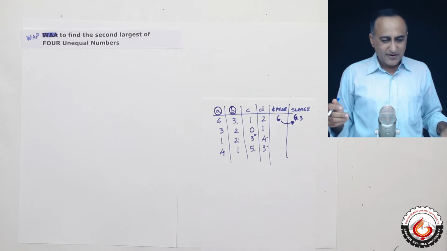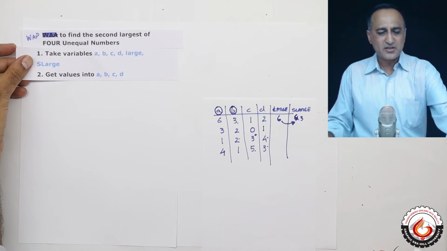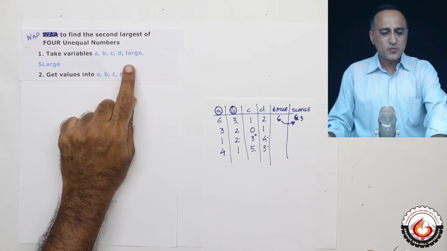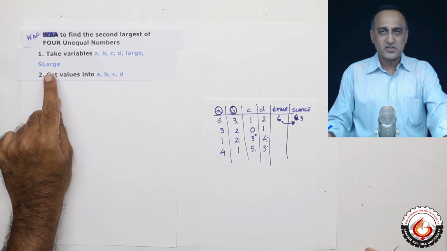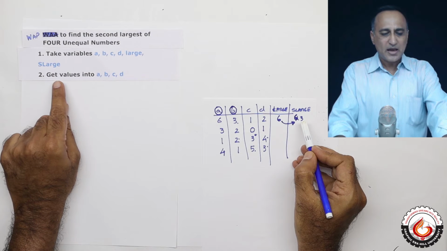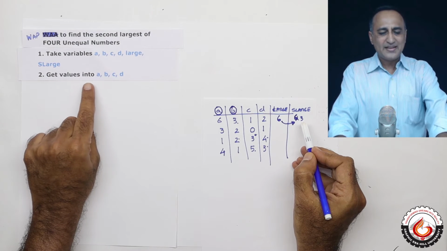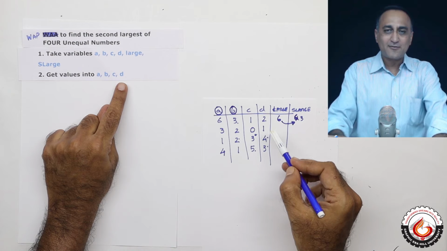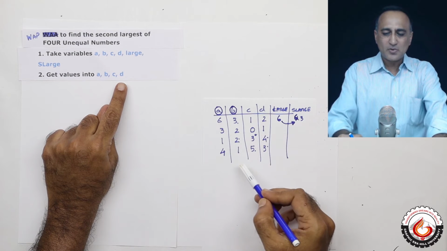So my first step if I have to do a pseudocode is I am going to consider four variables a, b, c, d and two extra variables large and second large to store the largest and second largest values. I am going to then ask the user to enter the values into a, b, c, d. He could enter any of these kinds of values, assuming they have to be unequal.